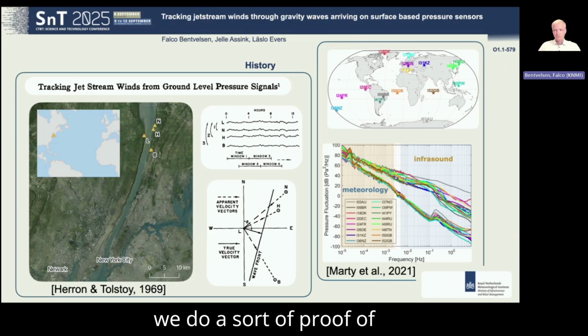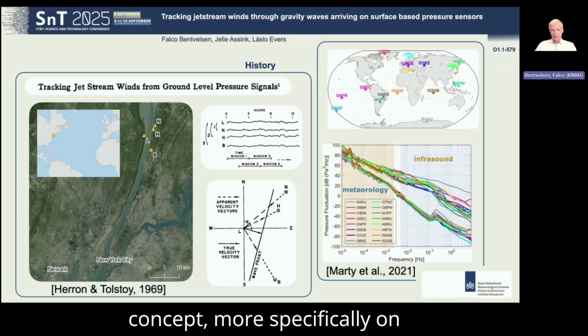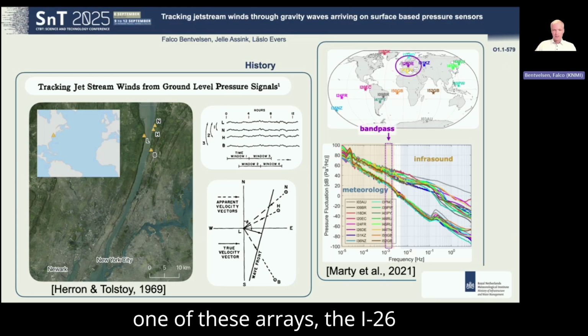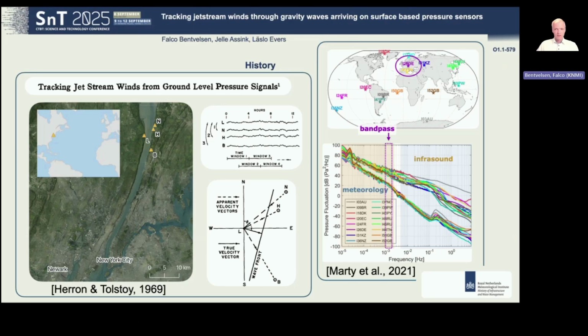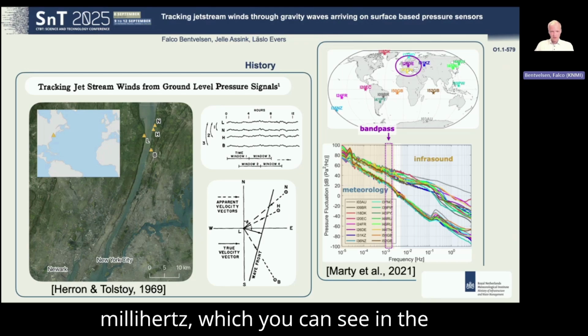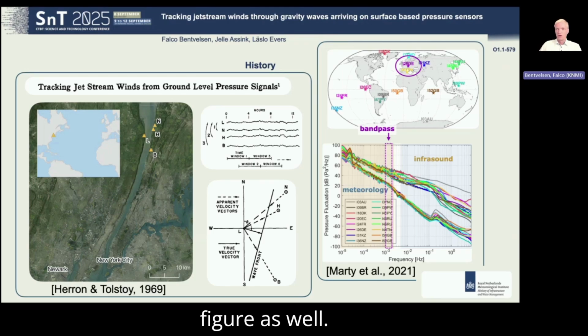And we do a sort of proof of concept, more specifically on one of these arrays, the I-26 array, on the band where we can find mesoscale gravity waves. So we took 1 to 2 millihertz, which you can see in the figure as well.